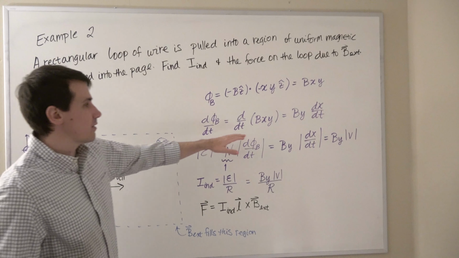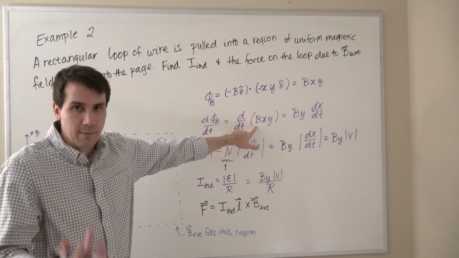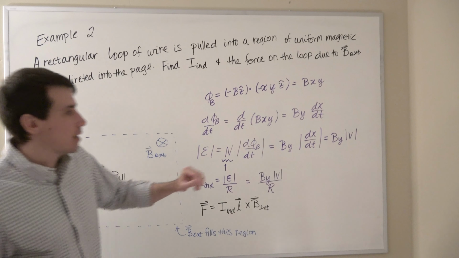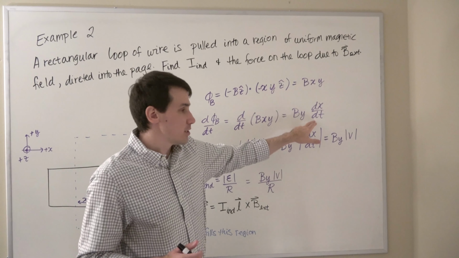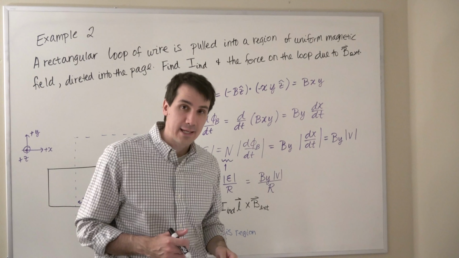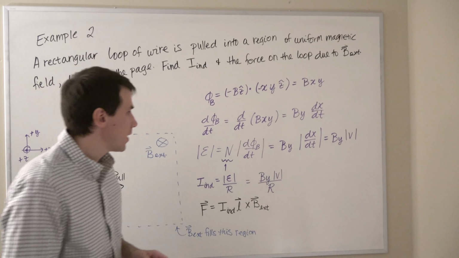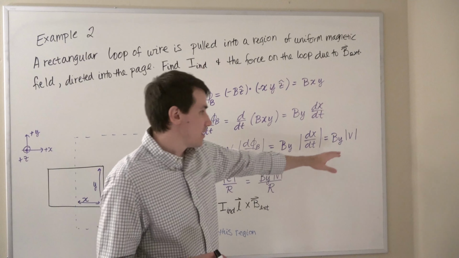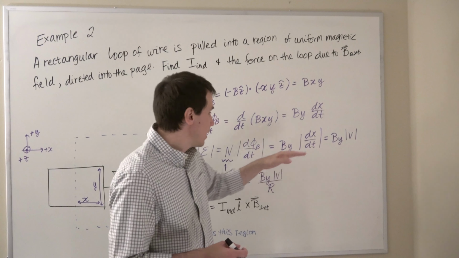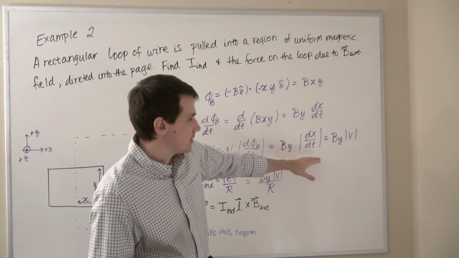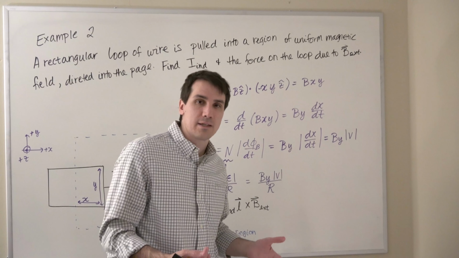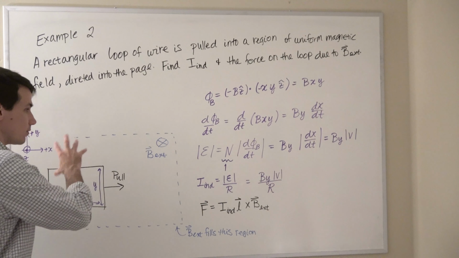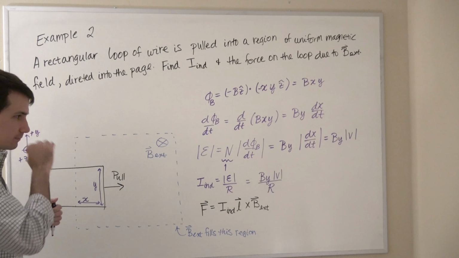So when we take our derivative here, B is constant, my magnetic field isn't changing, Y is constant, the height of the loop isn't changing, but X is changing, and so we get this dx dt term when we take the derivative. Now, of course, we can replace that dx dt with just the velocity, right? The magnitude of dx dt is the magnitude of the velocity of the loop. So how fast am I being pulled into this external magnetic field?